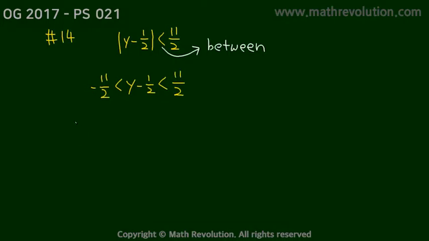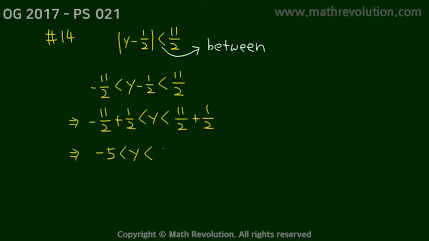So if we add 1/2 on all sides, we get negative 11 over 2 plus 1/2, which is smaller than y, and this is also smaller than 11 over 2 plus 1 over 2. So now we have negative 5 smaller than y, and this is smaller than positive 6.